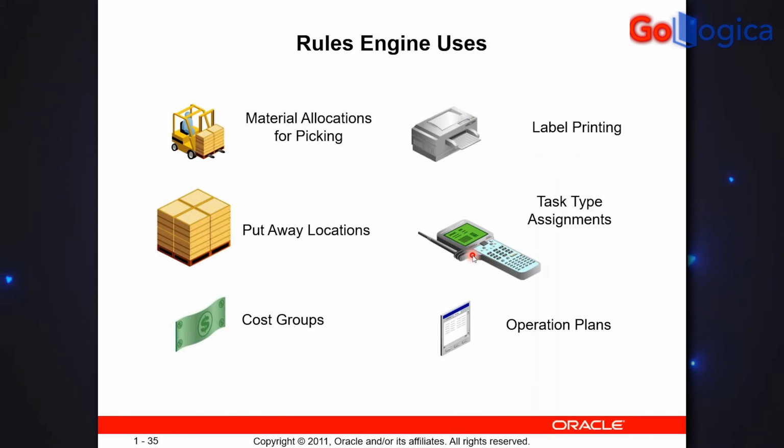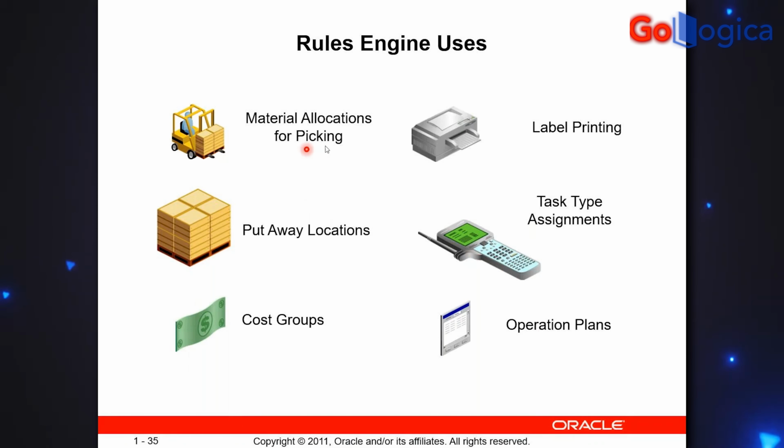So what does the rule engine use? The rule engine will use your material allocations for picking and put away locations, cost groups, label printing, your task type assignments, and operation plans. We have discussed all of them in detail earlier.